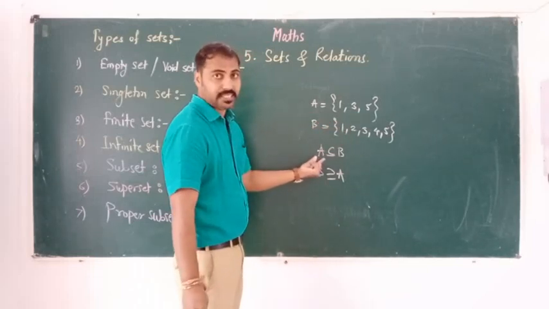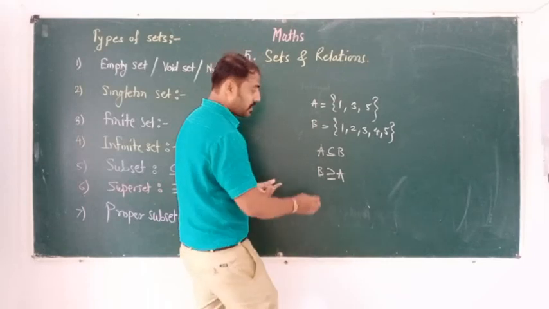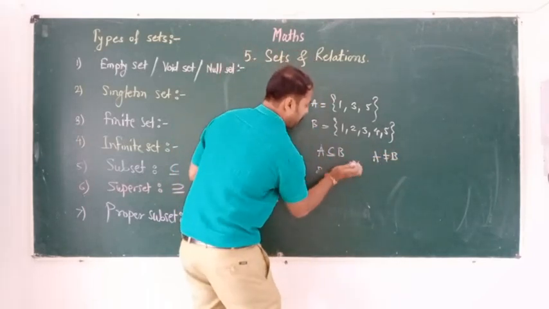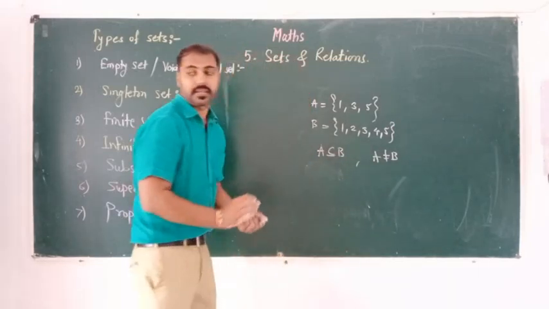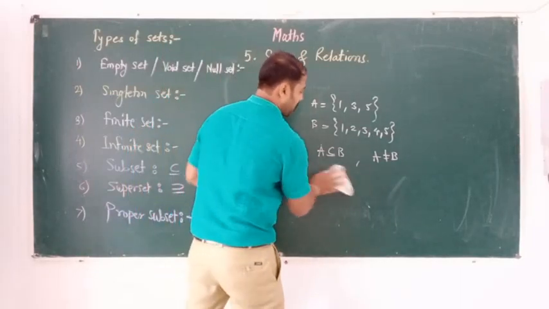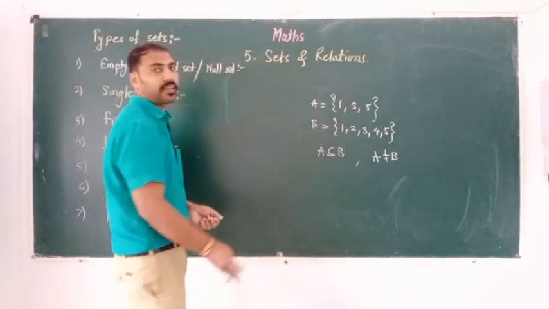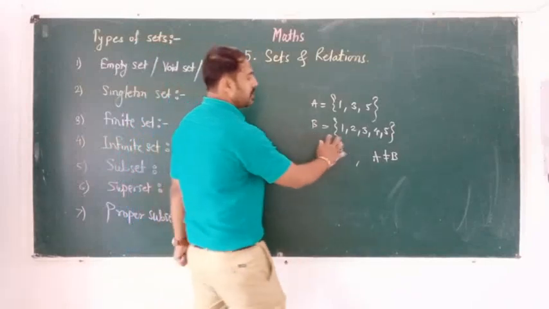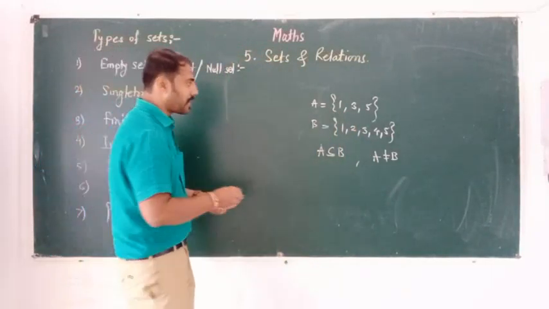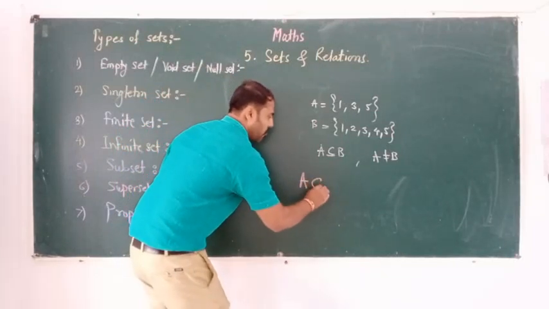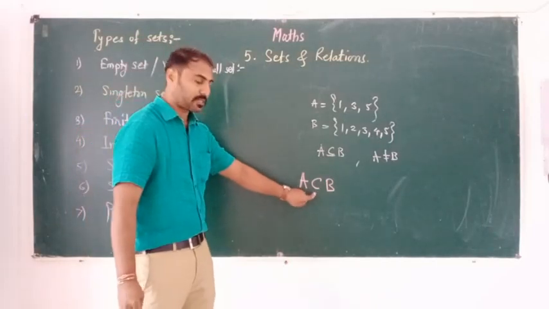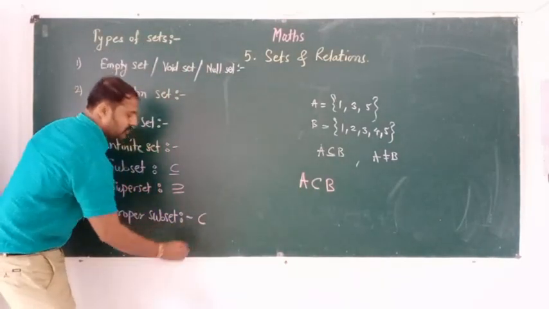Then clearly A is subset of B, but A is not equal to B. Means B contains one more element which is not in A. Here B contains the elements 2 and 4 which are not in A. So I can write this as A is proper subset of B, and notation for denoting proper subset is this one.